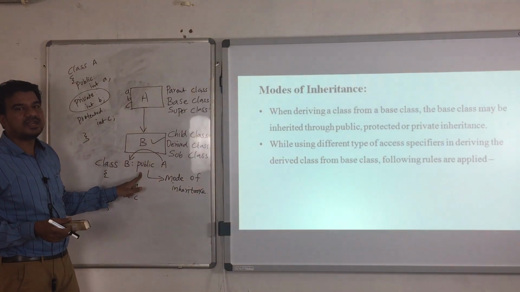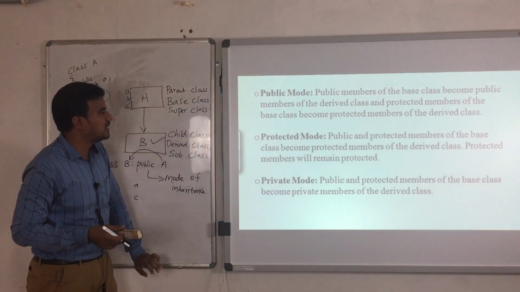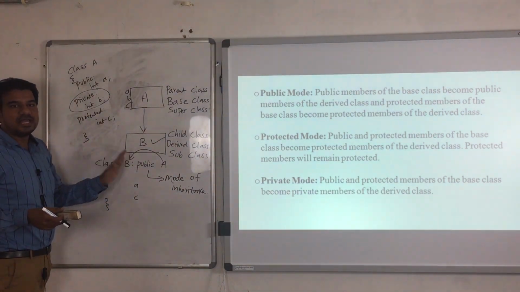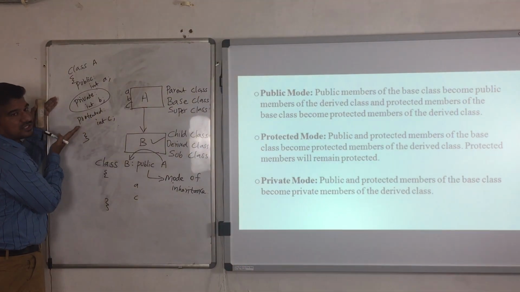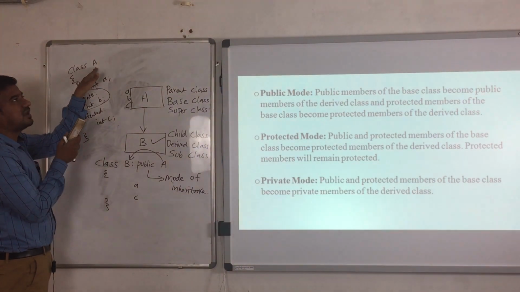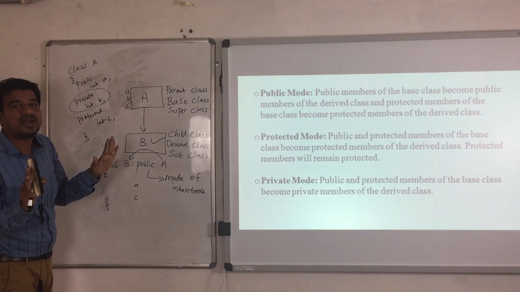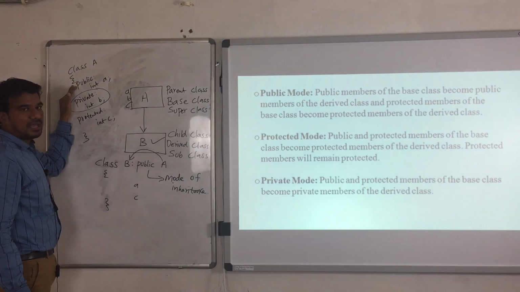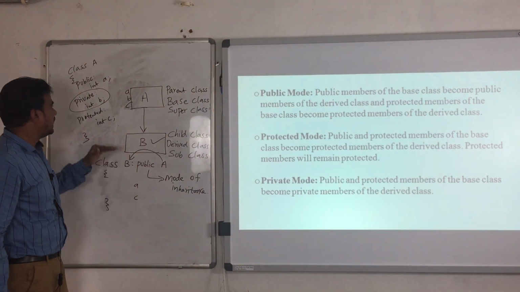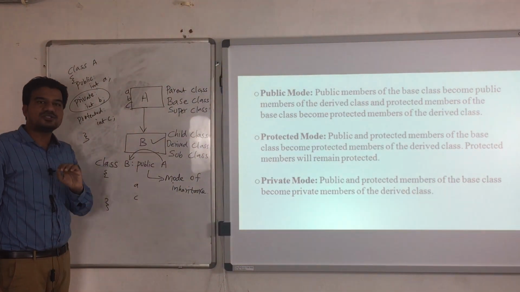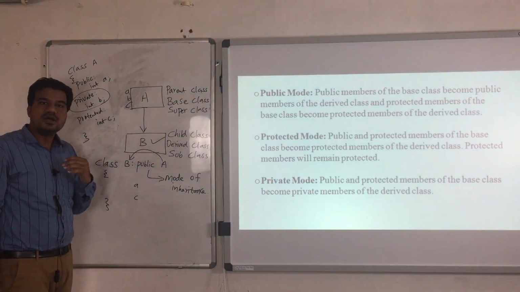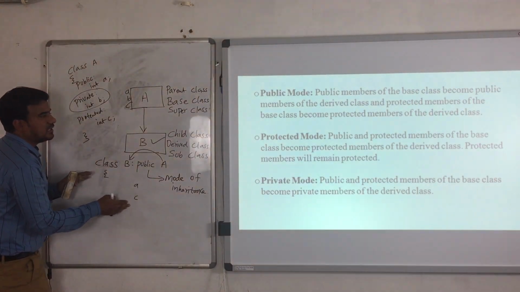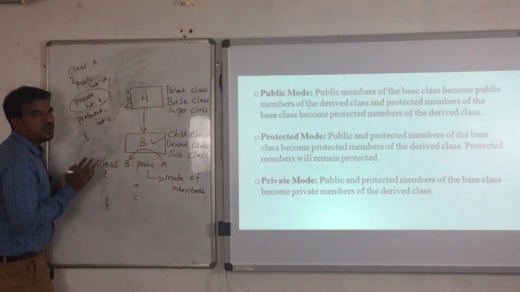If your mode of inheritance is public, quickly see my next slide. If your mode of inheritance is public, then what will happen? Whatever data members you have inside this class, their access specifiers will remain the same. That means if A is public, under B also it is public only. If C is protected, under B also it will become protected only. So if the mode of inheritance is public, there is no change in access modifiers.